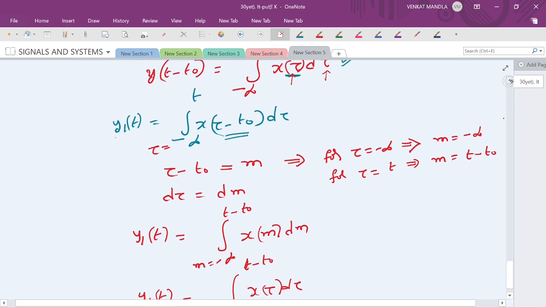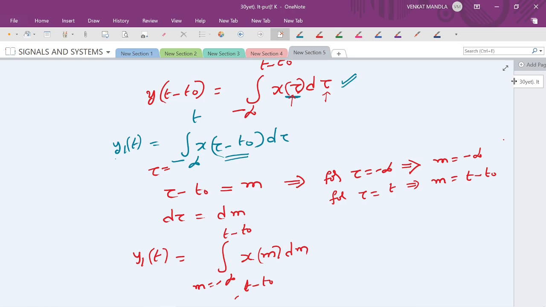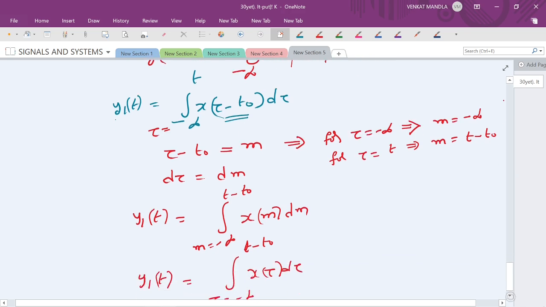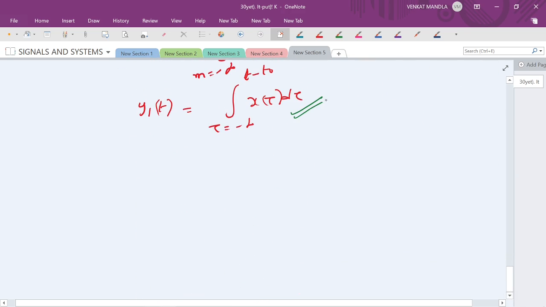Now you can compare with y(t minus t naught). Both are the same. So y1(t) equals y(t minus t naught), which implies the system is time invariant.